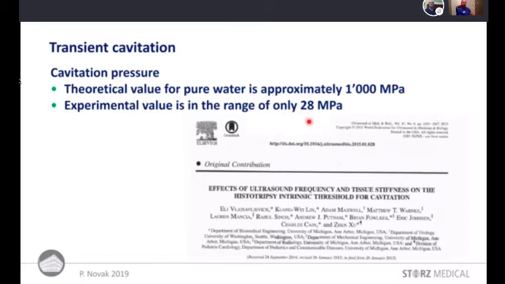Usually there are some impurities in the water, or there are still some slight microbubbles due to diluted gas, and thus this pressure can even be lower in practical application. But what we are interested in is when these effects can take place in the tissue.